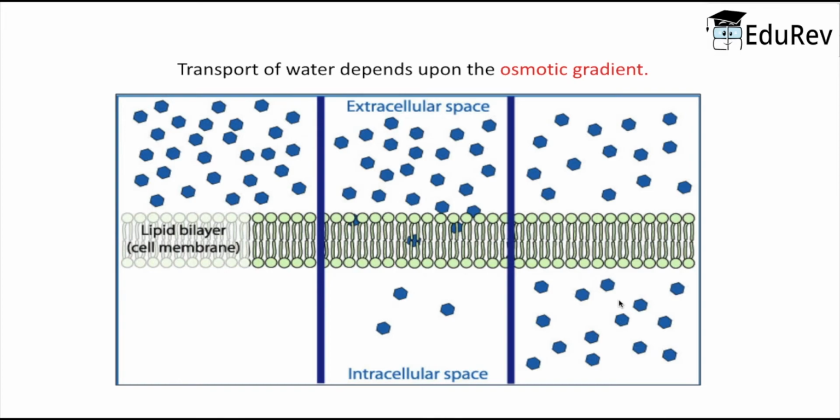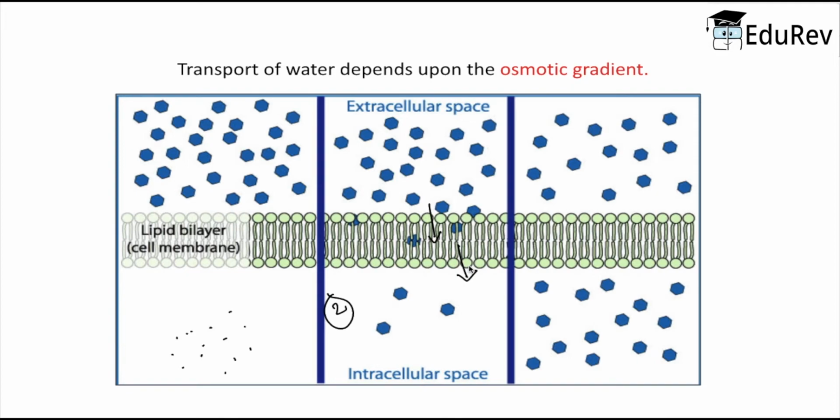So what happens is, when by the process of active transport or passive transport, the solid molecules enter inside the cell, then osmosis begins. How? Because the water molecules start entering inside the cells, as you can see in the second picture. Here you see the water molecules have started entering inside the cells.